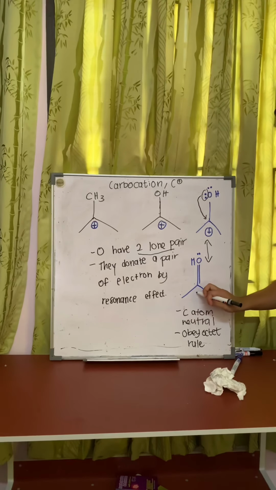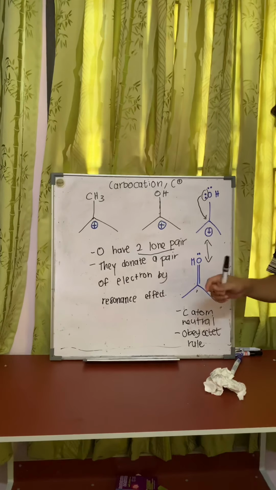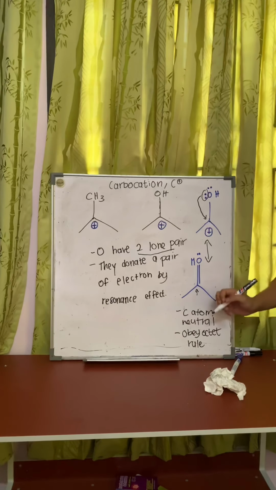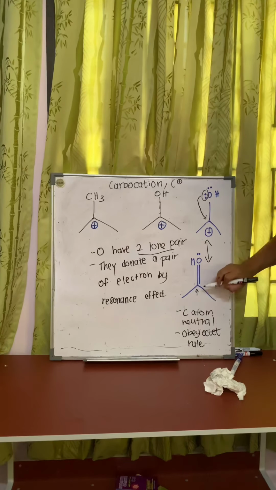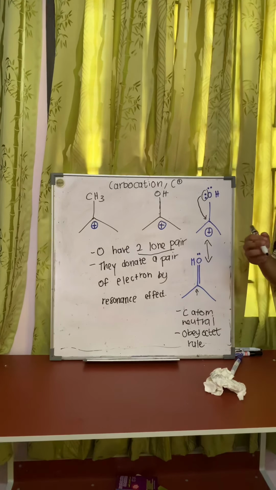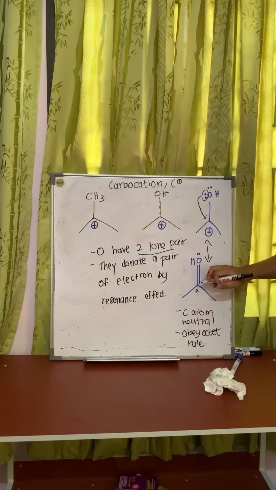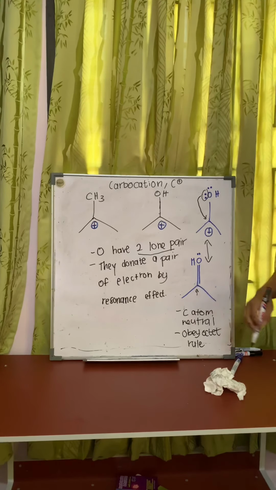So the carbon here is stable. Why do I say it's stable? Because as we can see here, the carbon atom is neutral, no charge, so it obeys the octet rule. As you can see, the carbon here has 4 bonds surrounding it: 1, 2, 3, 4.